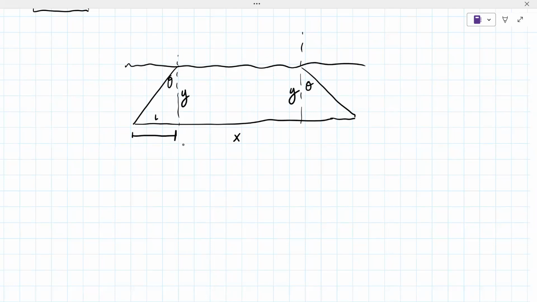For the moment, I'm going to call it w. The tangent of theta is w over y, so w would equal y tangent theta.